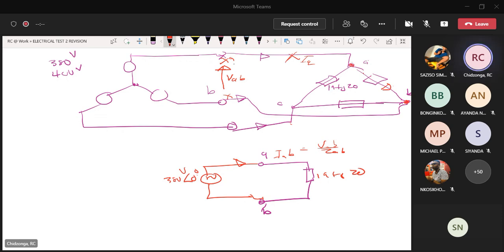So the key is drawing the single phase equivalent correctly and specifying the correct voltage, and the parameter which you are going to calculate in terms of the current, is it a line or phase current on the source? And then working backwards to find what is unknown.